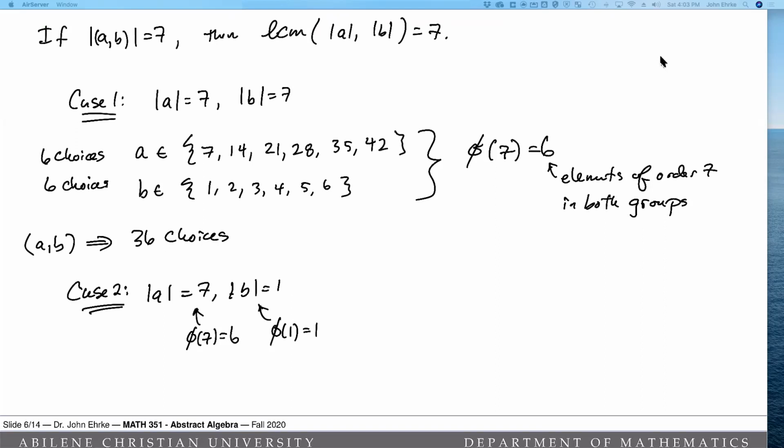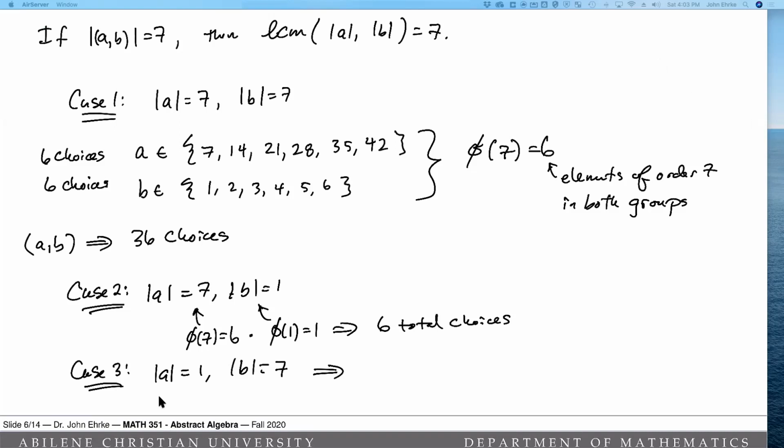So that means there are 6 times 1 equals 6 total choices. And then finally, for case 3, if the order of A is 1 and the order of B is 7, this is identical to case 2 directly above, just switched. So this would also be 6 total choices.